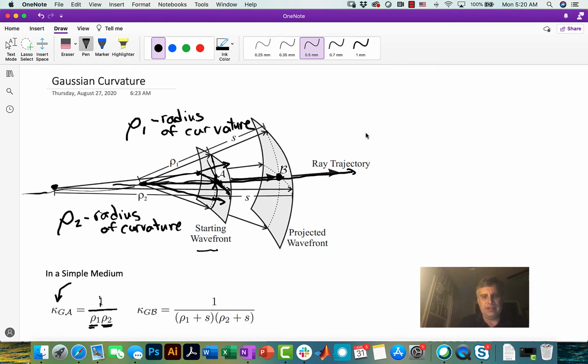In a simple medium, where the index of refraction is a constant, this is a very simple exercise to work through. If you move forward to point B, the radii of curvature is now 1 over rho sub 1 plus s and rho sub 2 plus s.